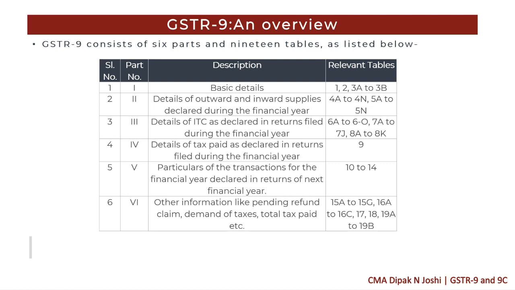So we will start with GSTR 9. We will see general precautions which one should take while filing GSTR 9, and then we will see the specific precautions table-wise which one should take while filing GSTR 9 and 9C. As you are all aware, GSTR 9 is bifurcated into 6 parts and 19 tables, right?